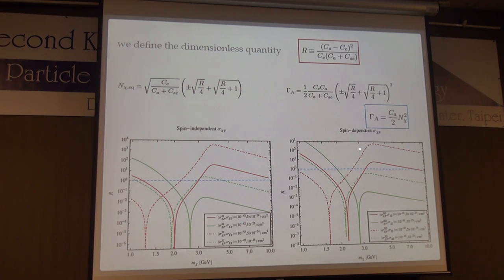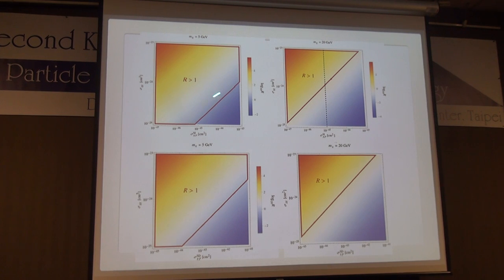So for the regime where R is larger than 1, this regime is dark matter self-interaction dominant. You can see that they have a large parameter space. This is experimentally interesting parameter space. So within these regions, the dark matter self-interaction is non-negligible.